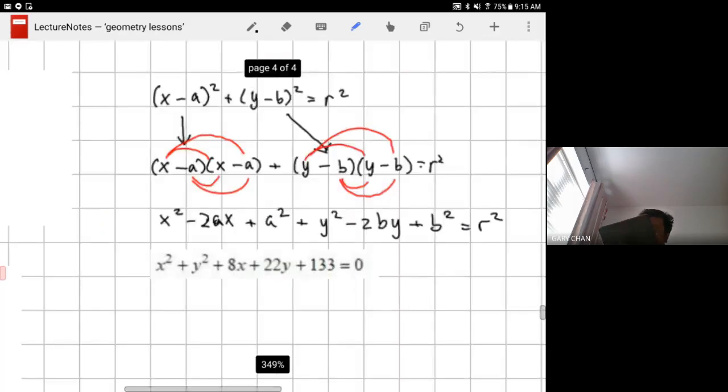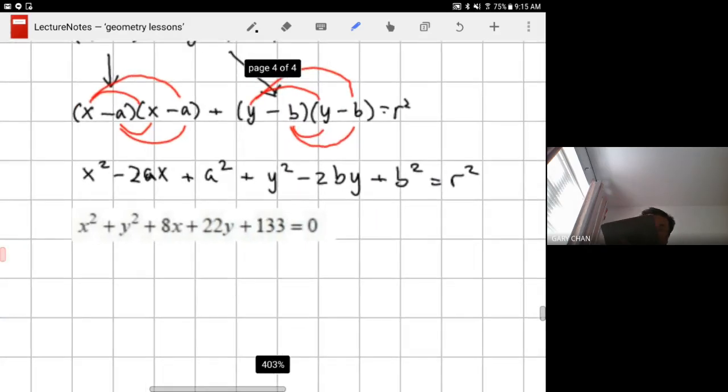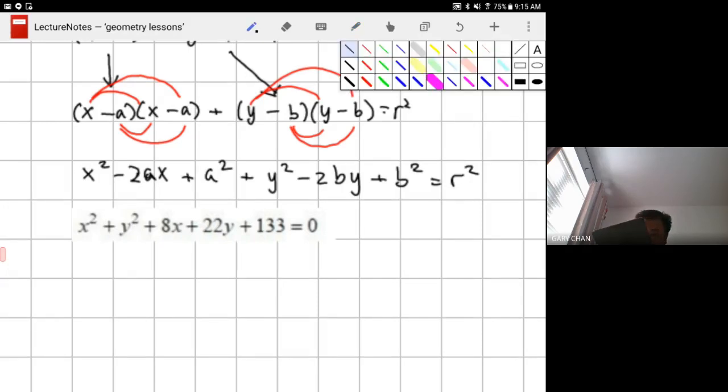Do you guys see some resemblance between what I wrote on the first one compared to what I just copied? Do you see that I have an x squared term and an x squared term here, and a y squared term and a y squared term there? And then I have a 2ax, and then I have an x term there.